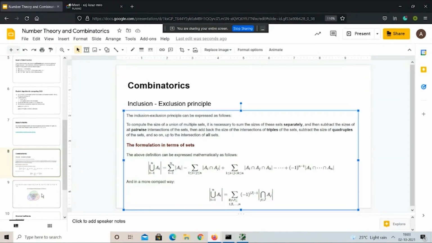Suppose you have to find all the numbers between 1 to 100 that are either multiples of 3 or multiples of 5. You can use this concept.